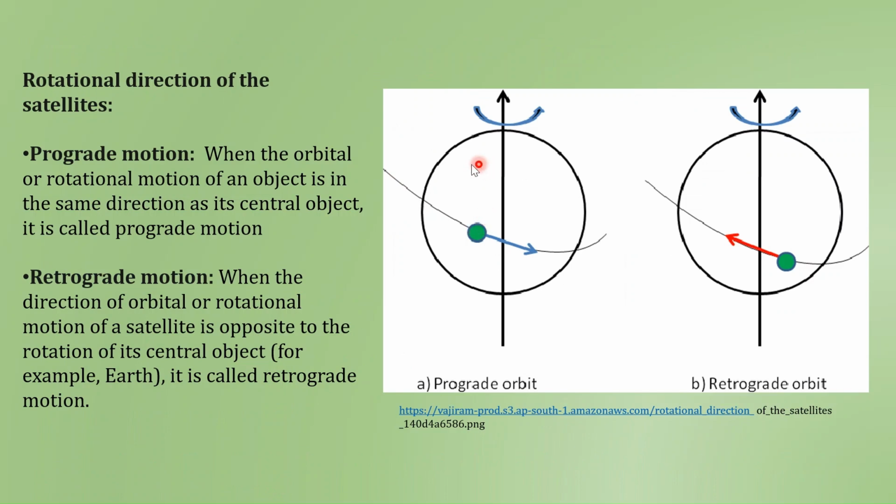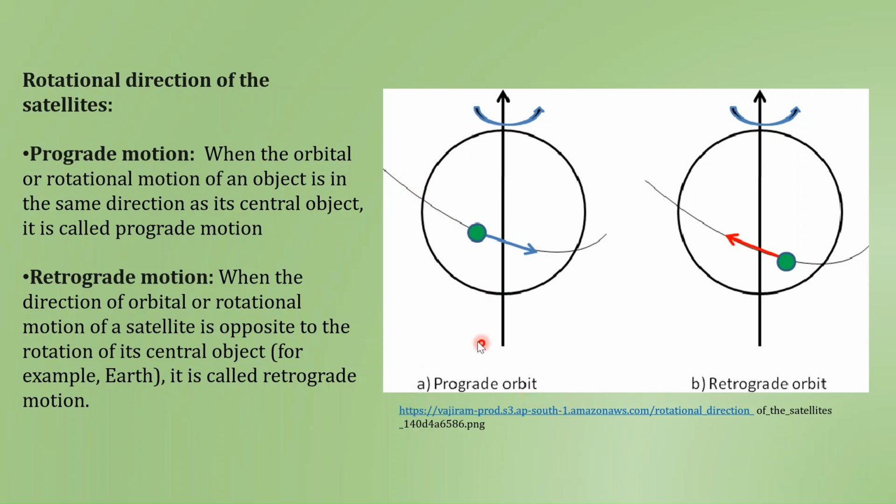Now, on the basis of rotational direction of the satellites, we can have prograde motion and retrograde motion. Prograde motion is when the orbital motion of the satellite is in the same direction as the rotation of the Earth. Here we can see the Earth's rotation is from west to east, and the satellite is also revolving in the same direction.